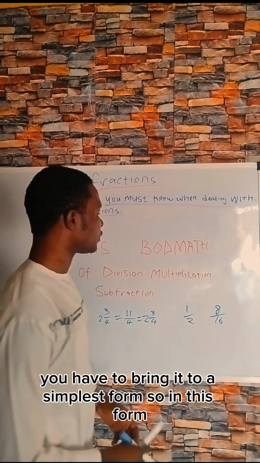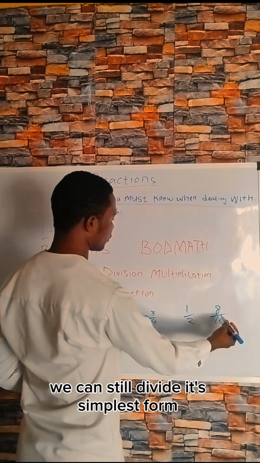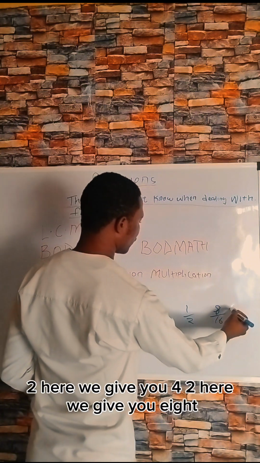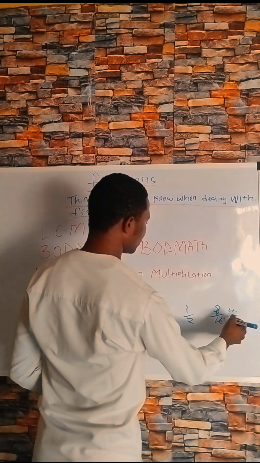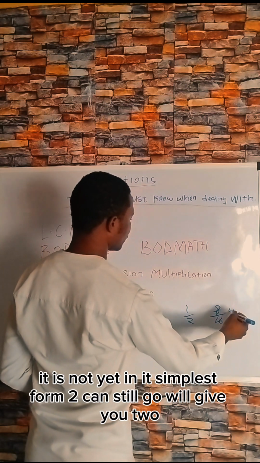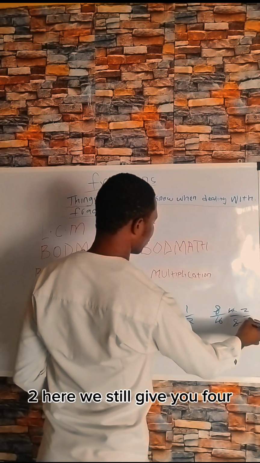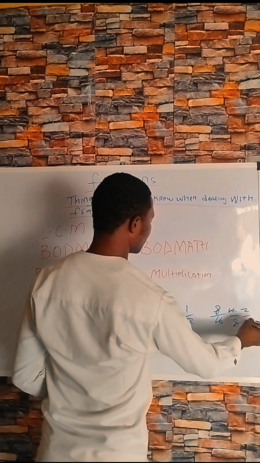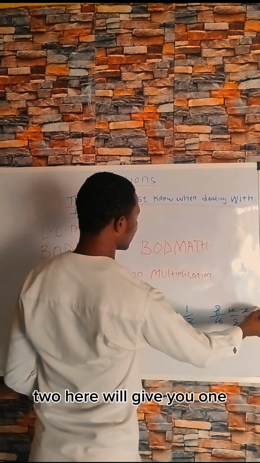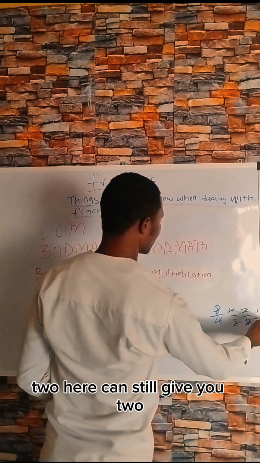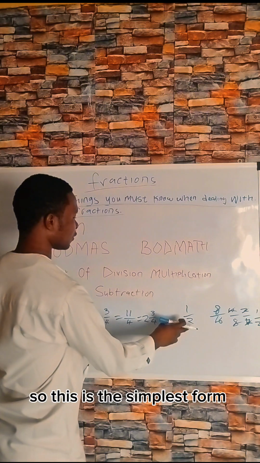So in this form, you can still divide. 2 here will give you 4, 2 here will give you 8. It is not yet in its simplest form. 2 can still go: 2 here will give you 2, 2 here will still give you 4. 2 can still go again: 2 here will give you 1, 2 here will give you 2. So this is the simplest form.